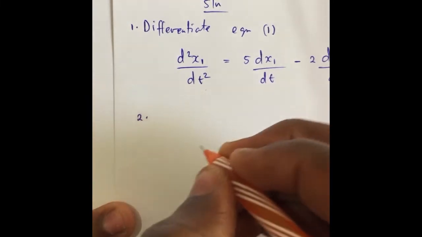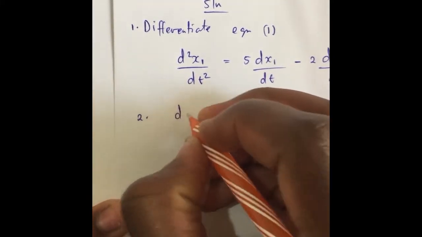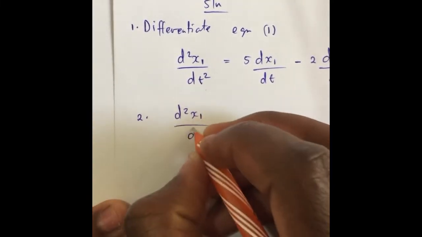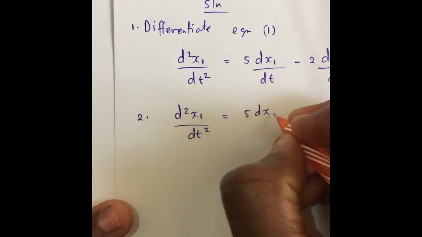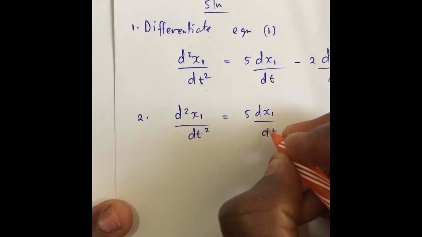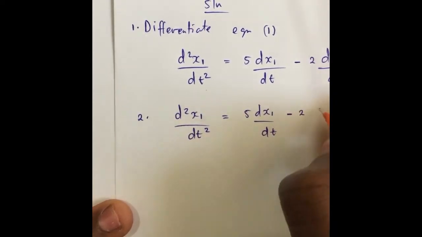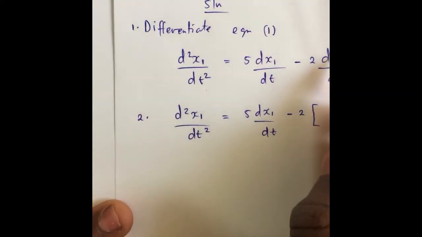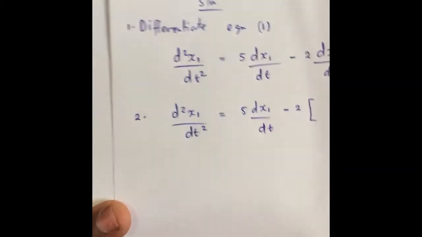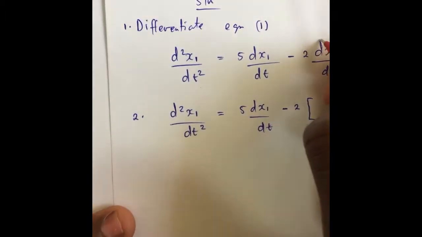What will we have there? We'll be having d squared x1 over dt squared equals 5 dx1 over dt, minus 2. Now substituting equation 2, we'll take this and put it in place of this.